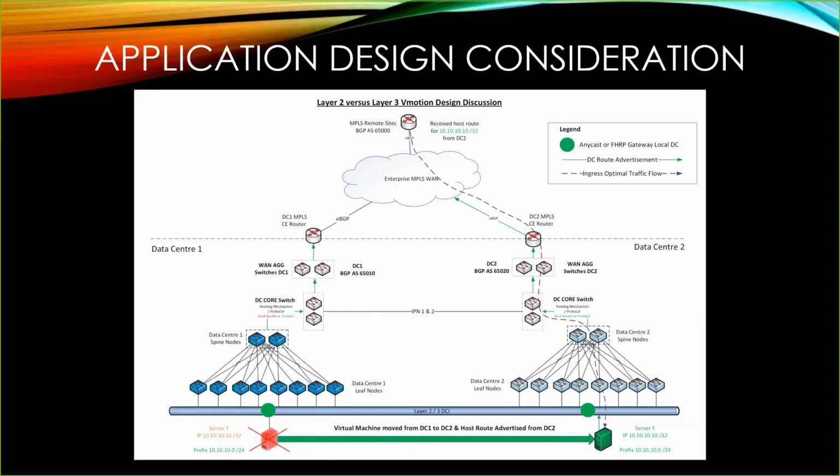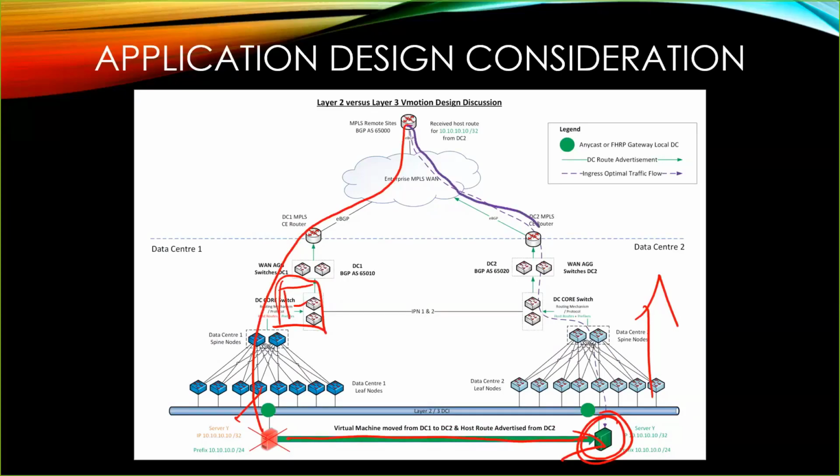We started coming this way to get to this server, and then it moved, and the firewall here has all the state for that session, and then the server moves across here, and a host route is advertised out, and it says, all right, now I'm going to follow that purple line, and there's a firewall here.